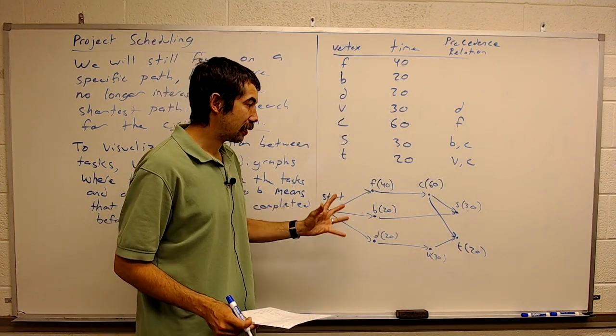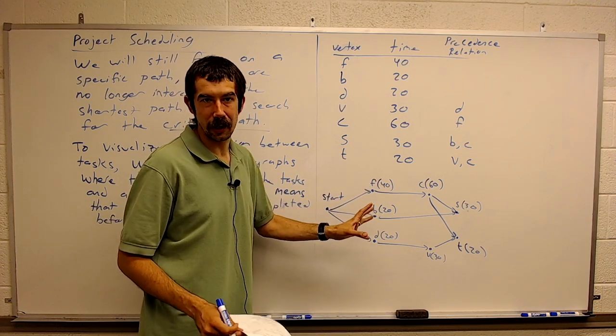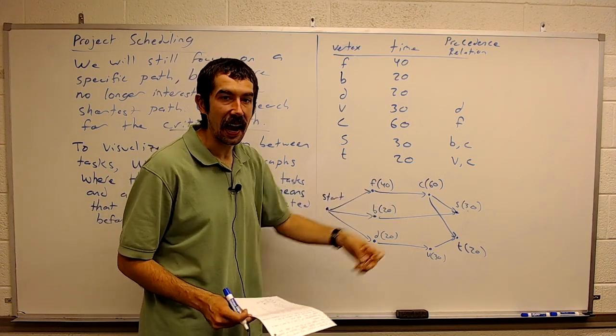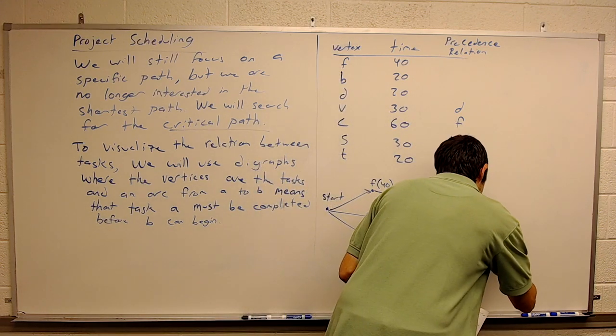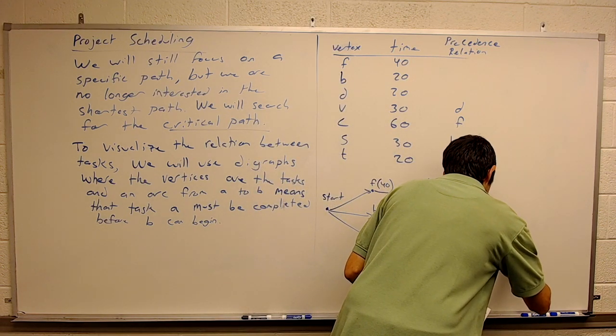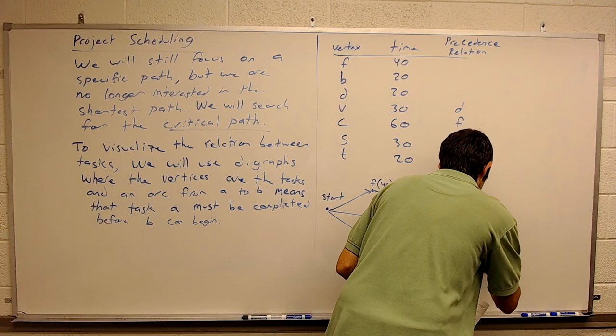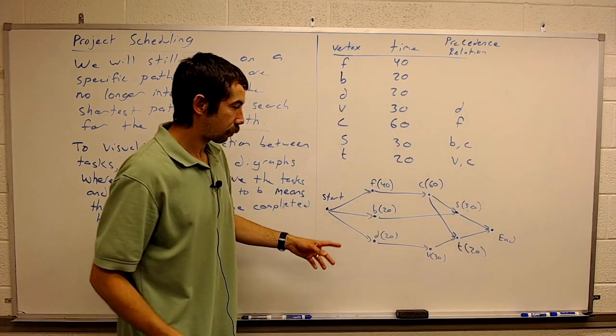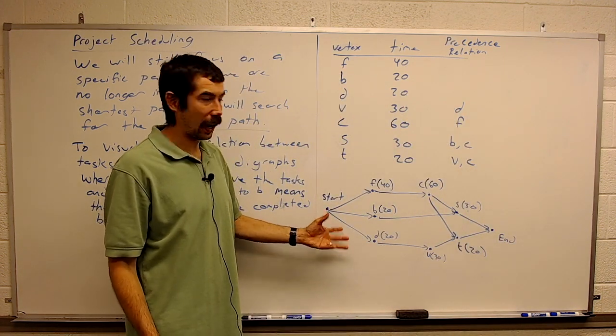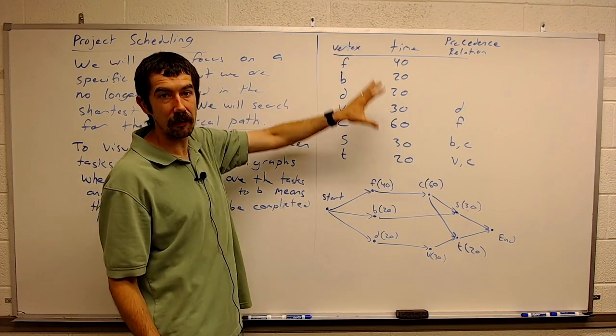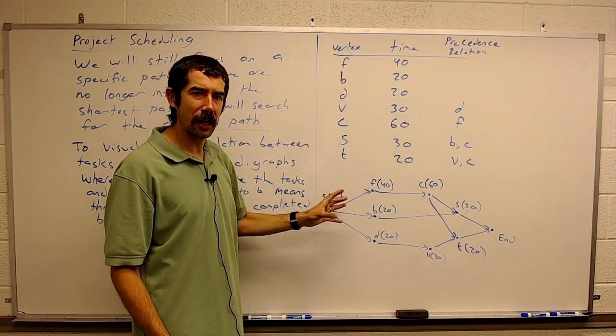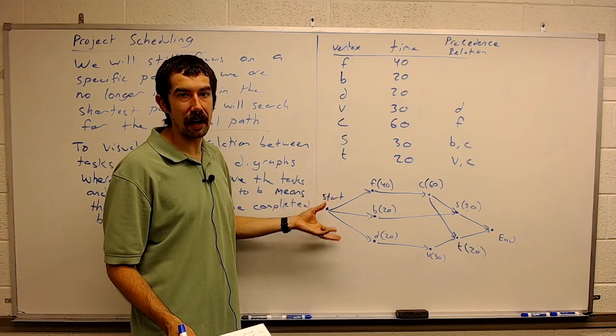Okay? And the last thing is we're going to have a vertex called end, just so we have a start and an end. So this digraph captures all of the information of our table here. It's just going to be convenient to use a digraph instead of this table.